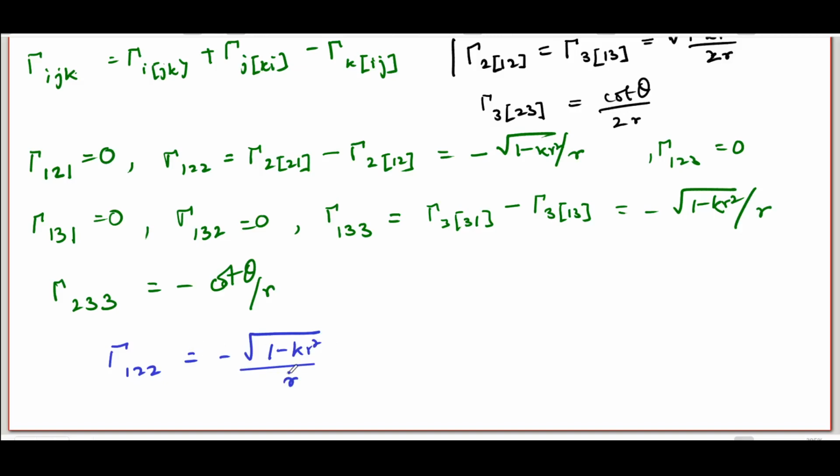Of course, Γ_122 being this means Γ_212 is plus root over 1 minus kr² by r. This happens to be the same as Γ_133. And in addition to that, Γ_233 is also non-zero, given by minus cotangent theta over r. Now, our job is to write for this basis the connection one forms.